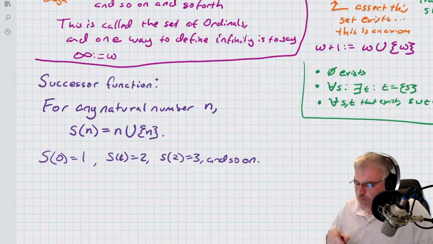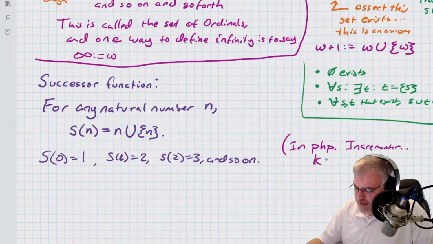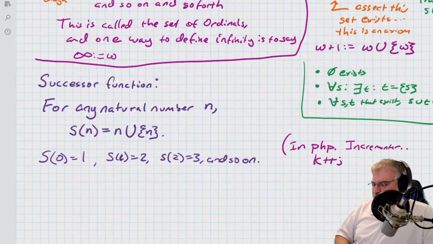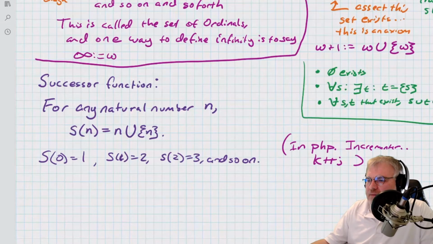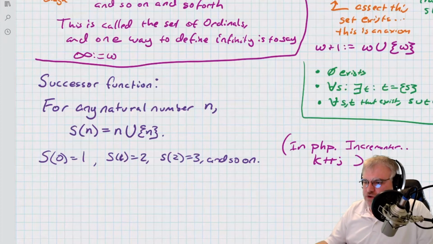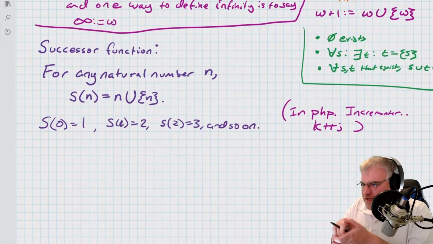If I wanted to implement this in code, I want to increment. This is called the incrementer, I think. So I do k plus plus, or plus plus k, depending on what you want. If you're wondering why C is called C++, this is why. Incrementation is one of the basic things your processor does.